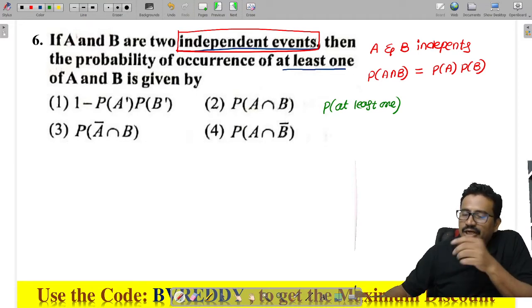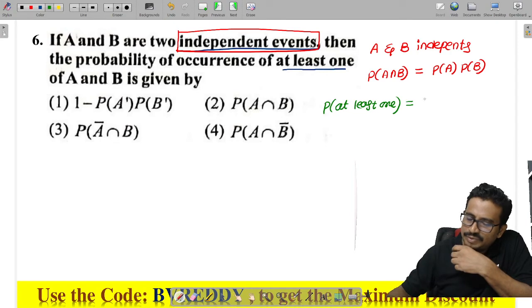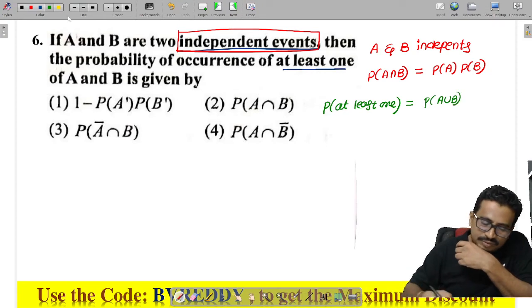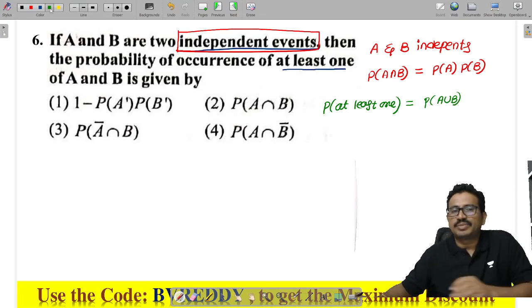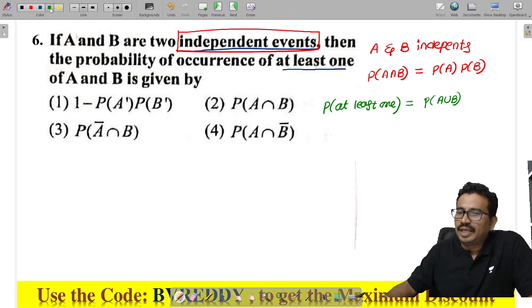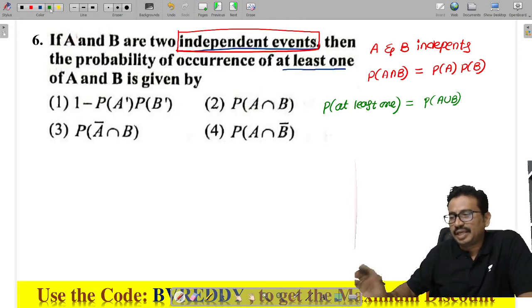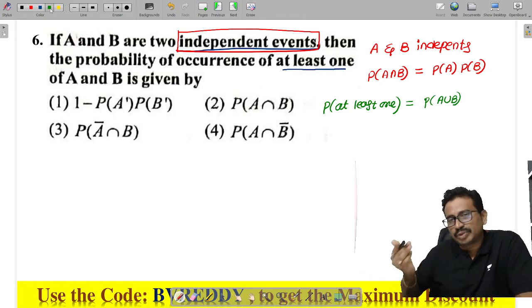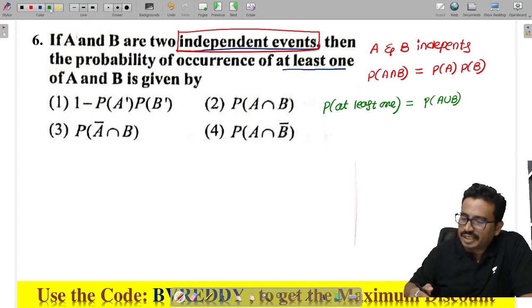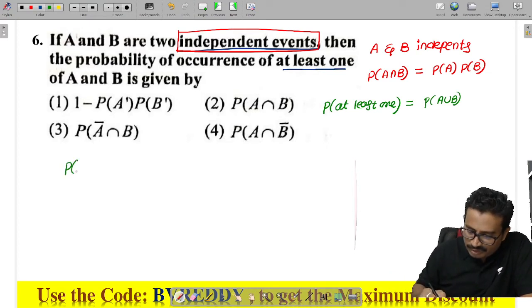So at least one is nothing but P of A union B. At least one का मतलब क्या है? That is nothing but P of A union B, either A or B or both.